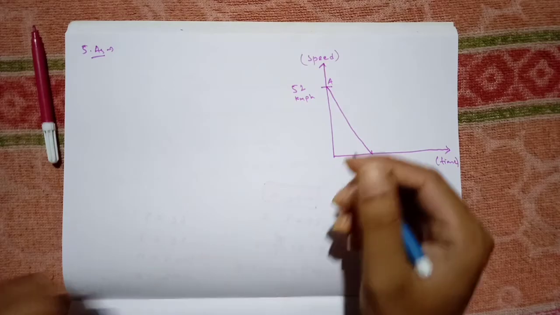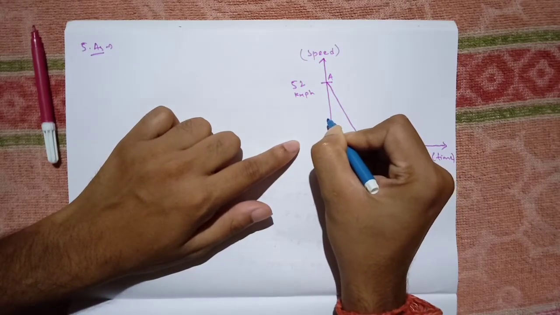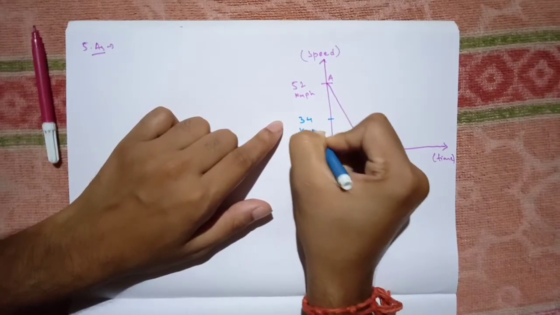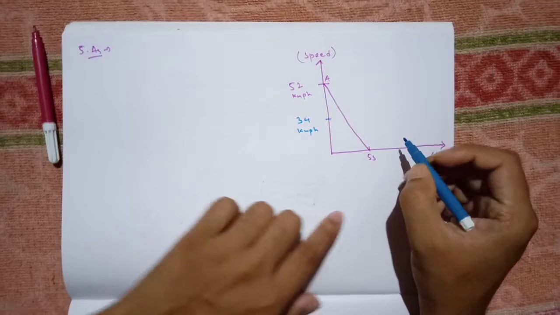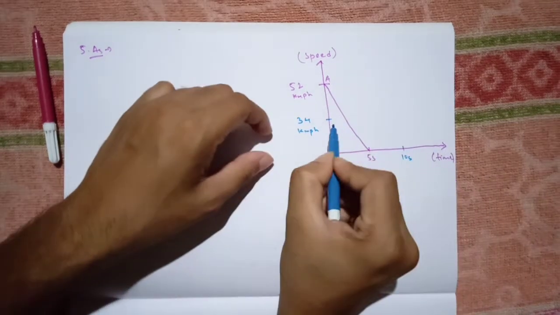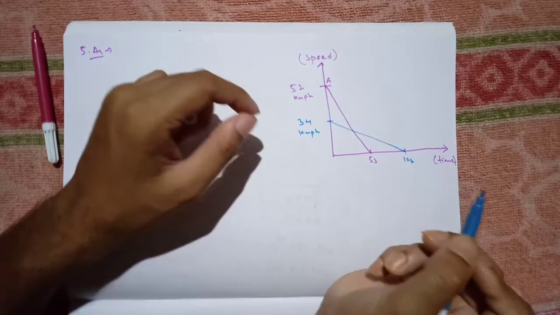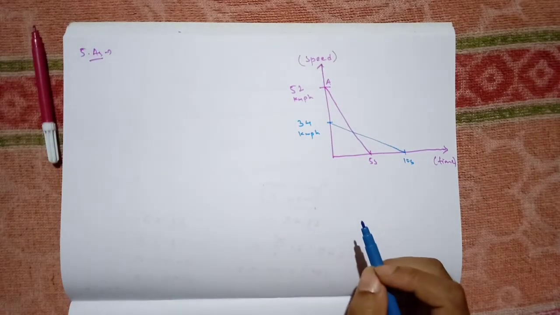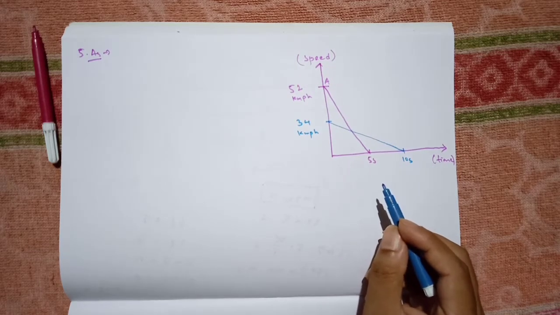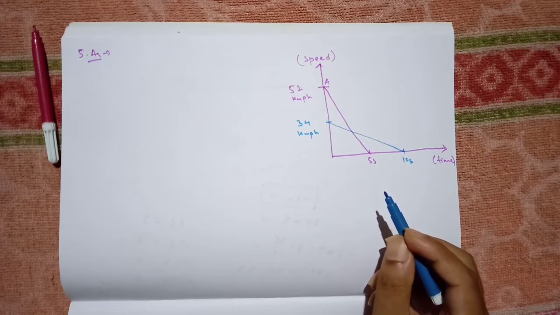Now for the car B, which is traveling at 34 km per hour, stops at 10 seconds. So now this will be the graph of the car B, which stops at 10 seconds. Now it is also asked which of the two cars travel further after the brakes were applied.